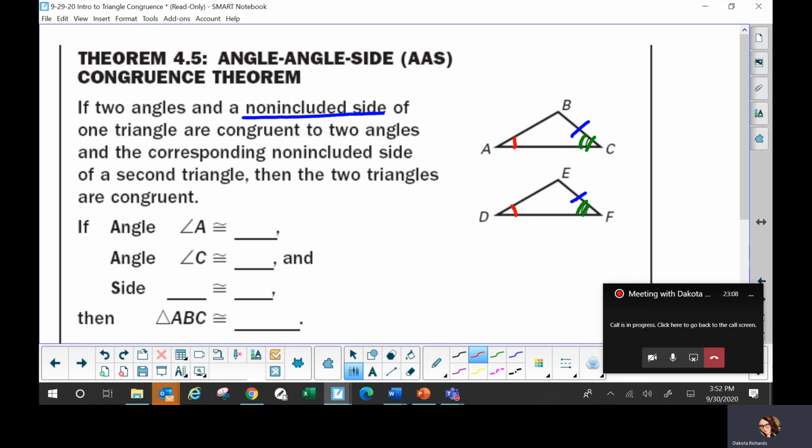So angle A is congruent to angle D. Angle C is congruent to angle F. And segment BC, or side BC, is congruent to side EF. So triangle ABC is congruent to triangle DEF.